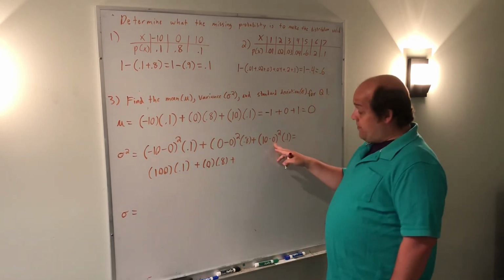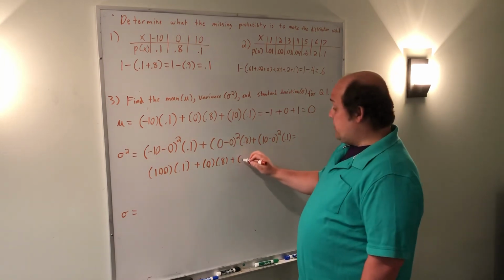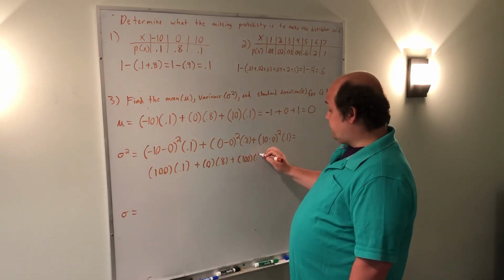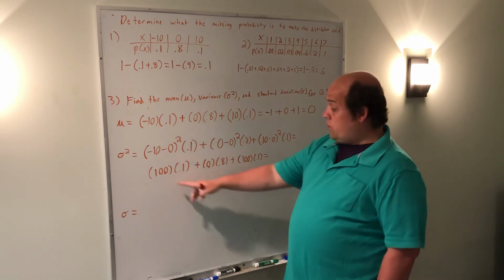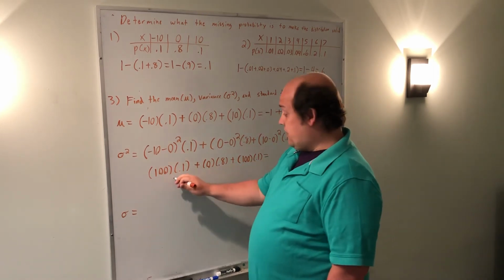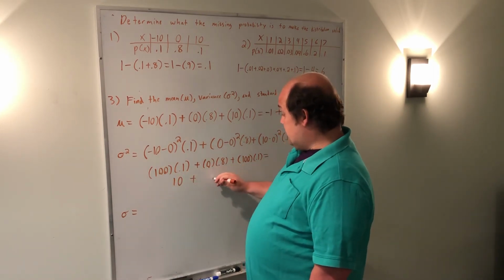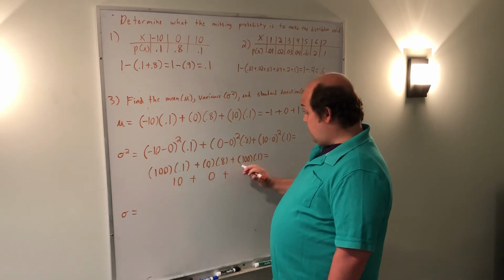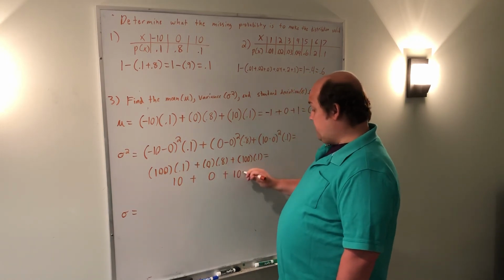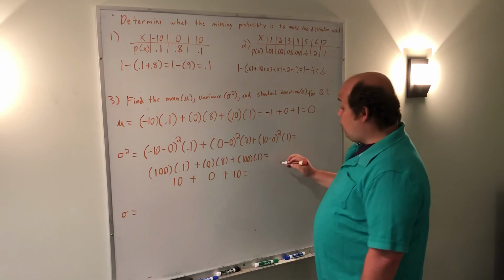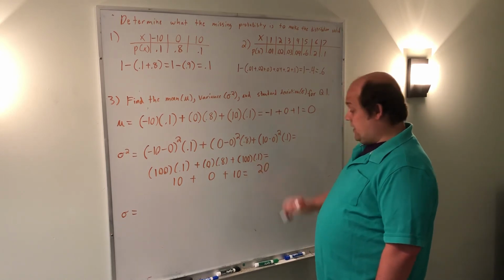Here, when I do 10 minus 0, I get 10, which when squared gives me 100. So this 100 times 0.1 gives me 10, 0 times 0.8 gives me 0, and this 100 times 0.1 gives me 10. That means the total variance is 20.